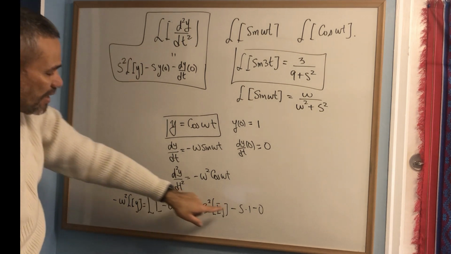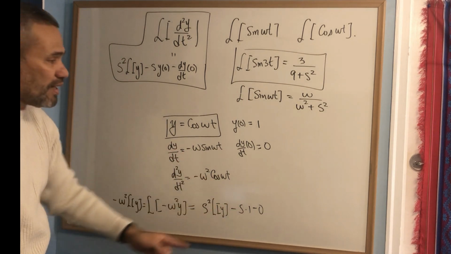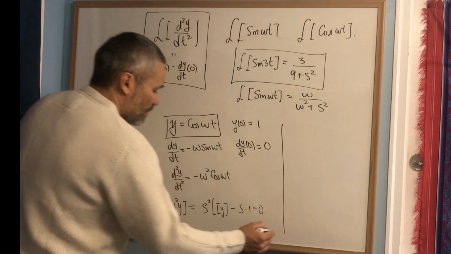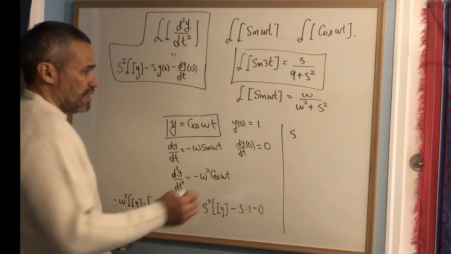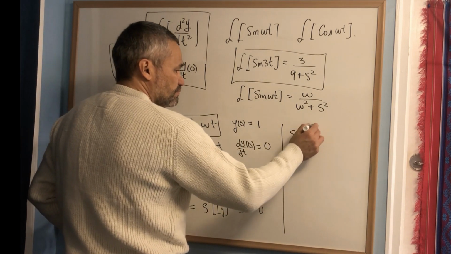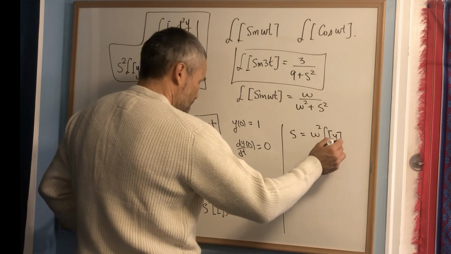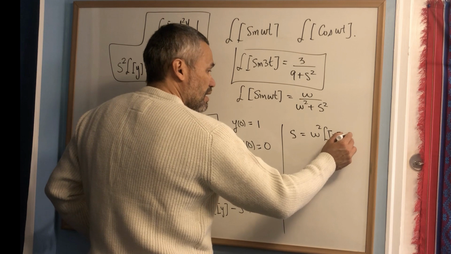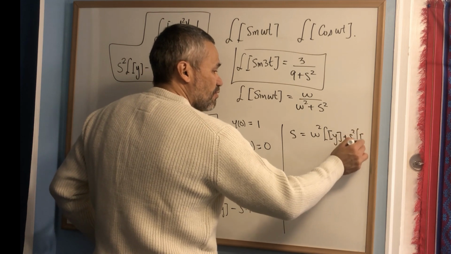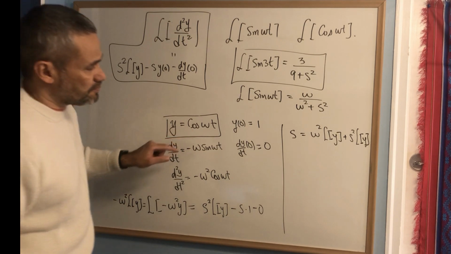I can do the same. I can move this negative s to the left, and I can move this to the right. And then I will get that s is equal to omega squared Laplace transform of y plus s squared Laplace transform of y. Notice that y is cosine of omega t.